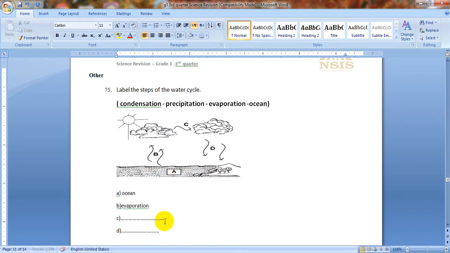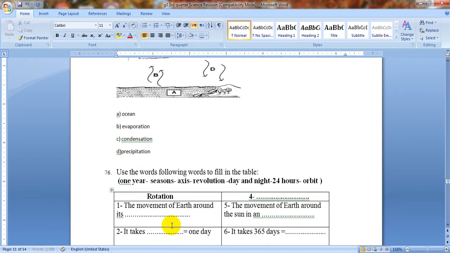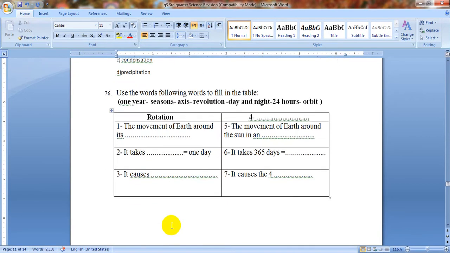And next it will be condensation. And the last one will be precipitation. So the steps here will be ocean, evaporation, condensation, precipitation. Let's move to the last question, 76.